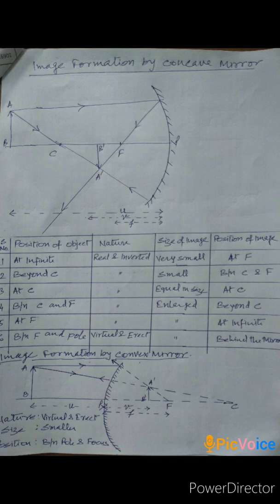The two light rays intersect and form an image A dash B dash, inverted. The distance from the pole to the object is u, the distance from the pole to the image is v, and the distance from the pole to the focus is f, the focal length. So this is the image formation.